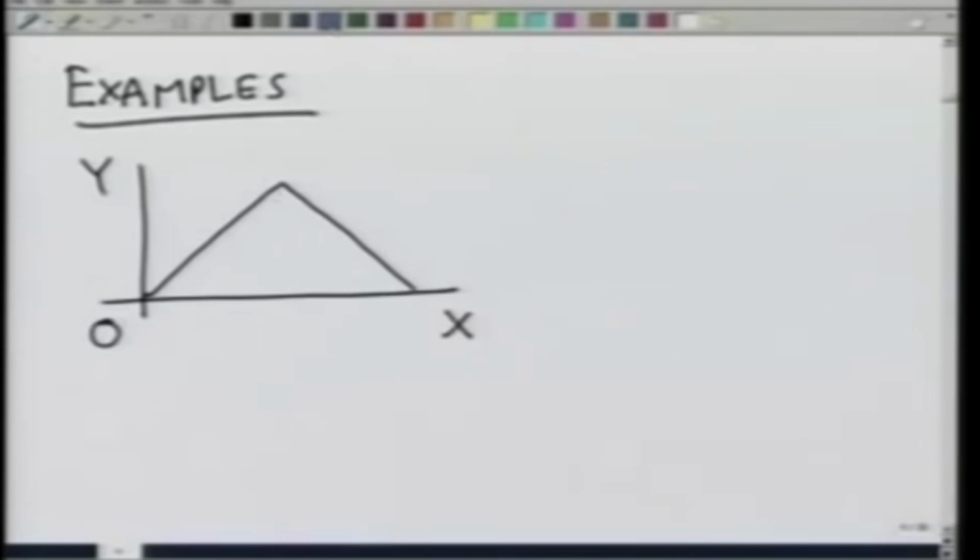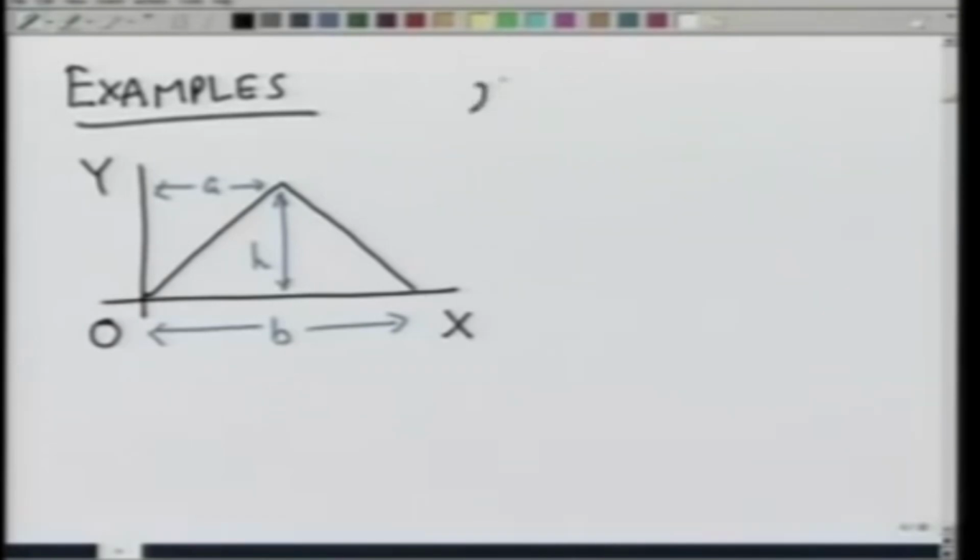The height of the triangle is h. This distance of the vertex from the y axis is a, and the other corner is at distance b. I wish to calculate its first moment about the x and y axis and its centroid xc and yc. So, let us do that.